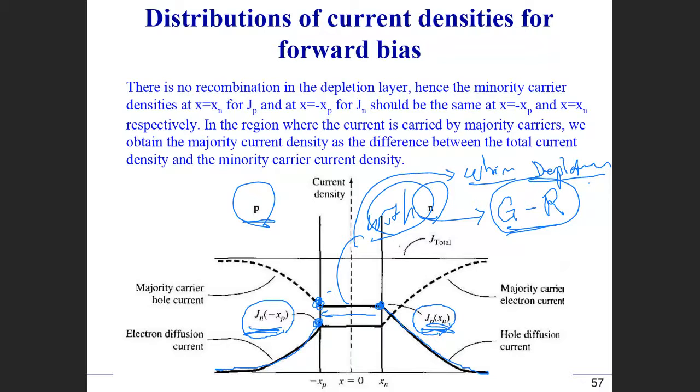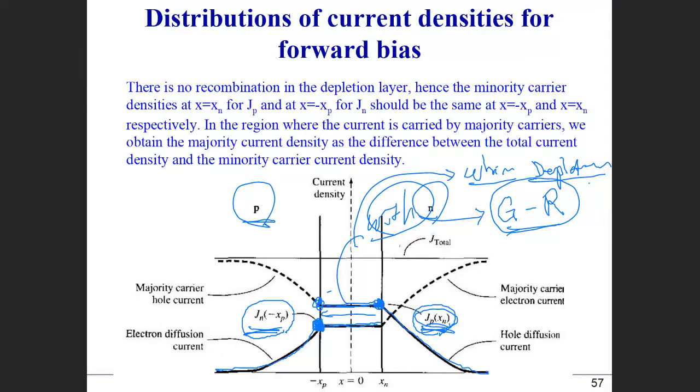Which means the hole current at the depletion edge in the N side remains within the depletion region at this value. In the same way, if you look at the electron current at the depletion edge in the P side, it remains at this value. That way, you have the electron current and hole current represented in the p-n junction diode.